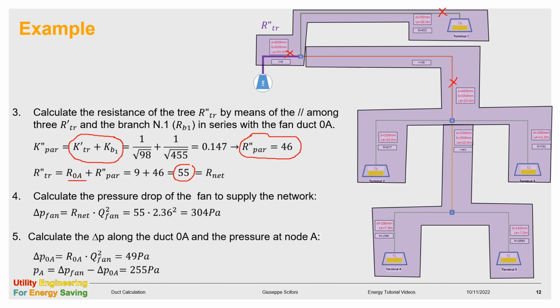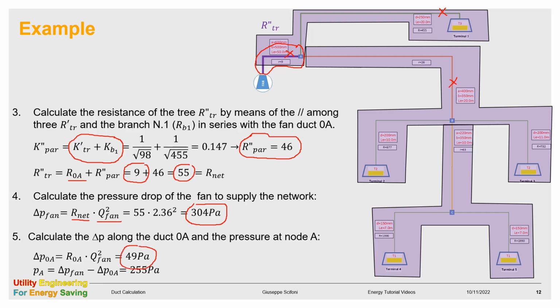When we have this resistance, we can calculate the pressure drop of the fan needed to supply the network. That is the product between that resistance and the flow of the fan squared. We find 304 Pascal. The delta P along the duct 0A, the first duct supplied by the fan, is the product between the resistance of the duct that we have calculated, which is equal to 9, times the flow rate of the fan squared.